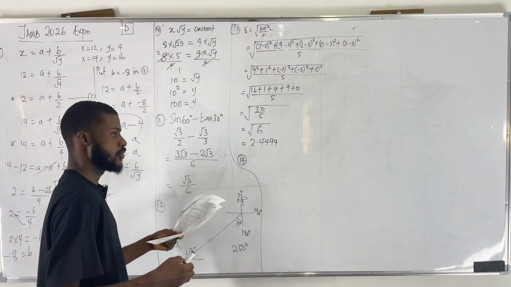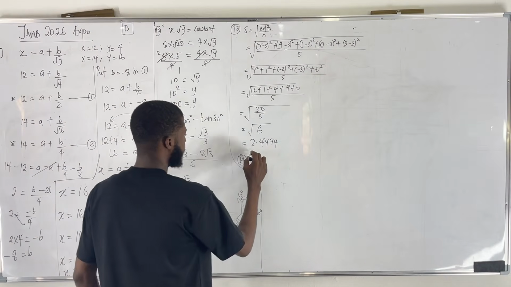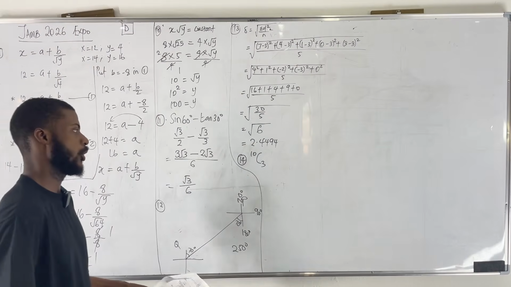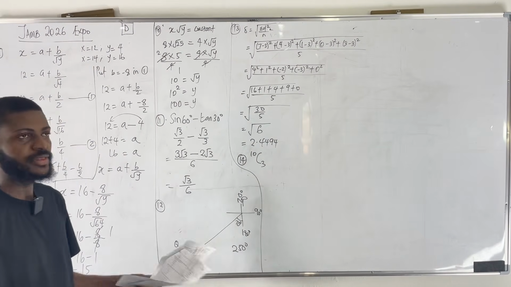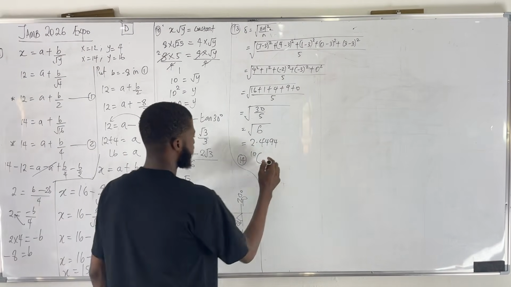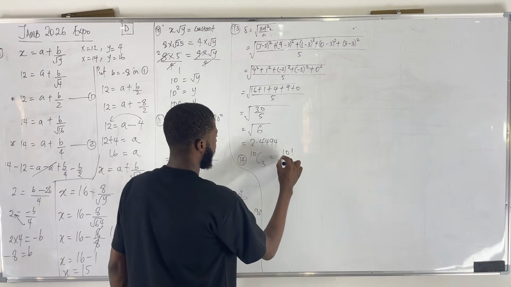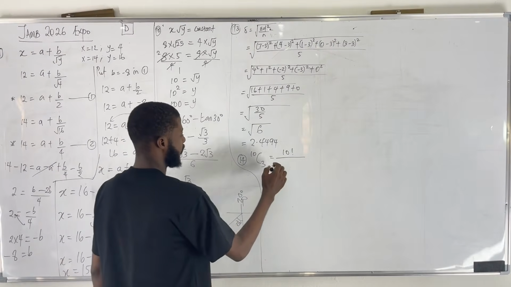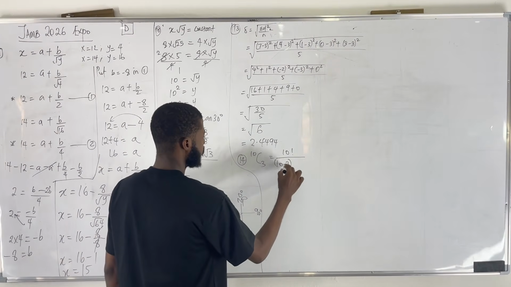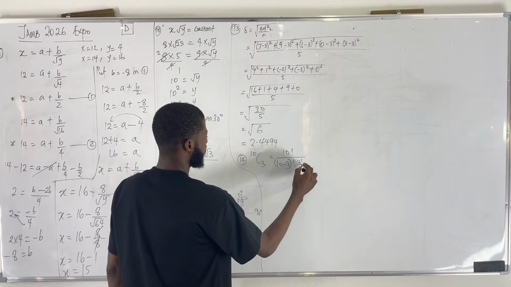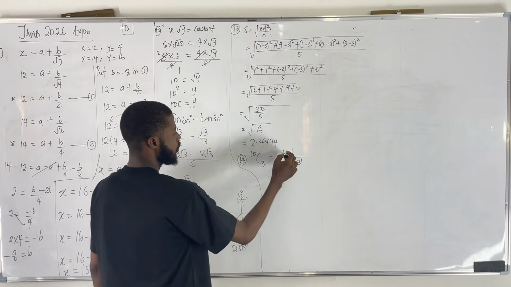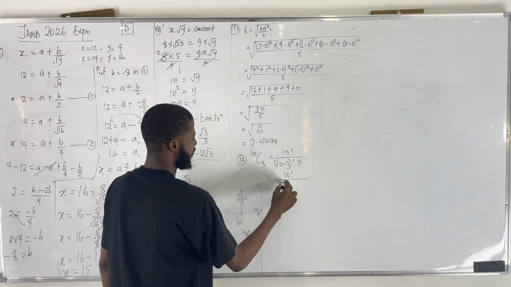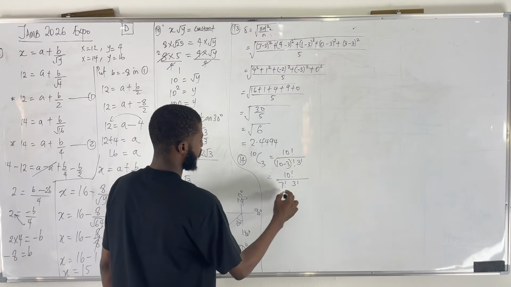This is 10 combination 3, so this will become 10 factorial divided by (10 minus 3) factorial, then 3 factorial. That's the formula for combination. So this is 10 factorial divided by 7 factorial, and then 3 factorial.